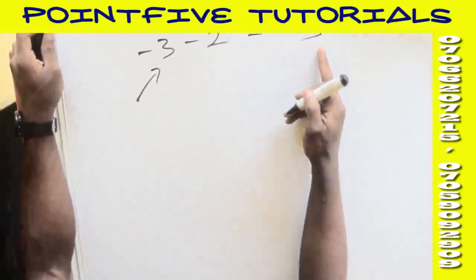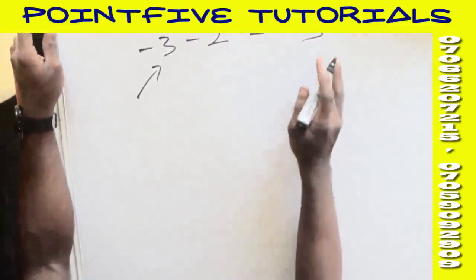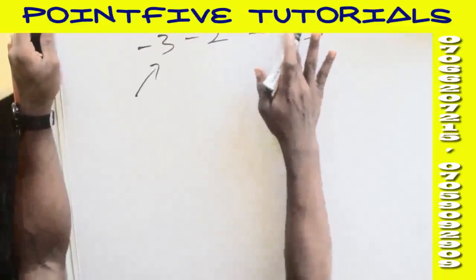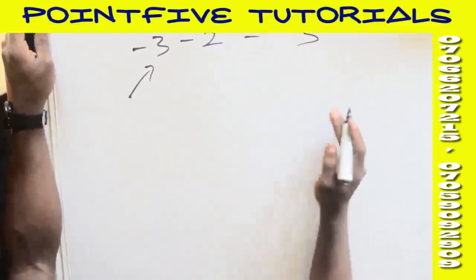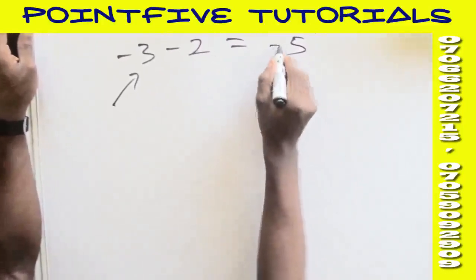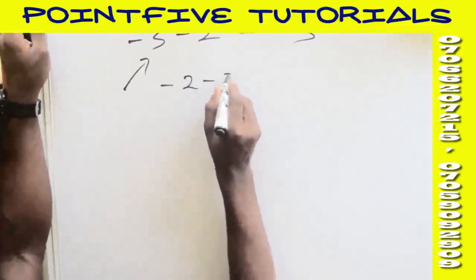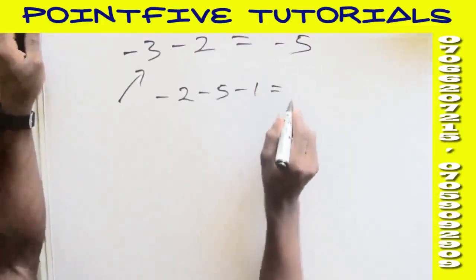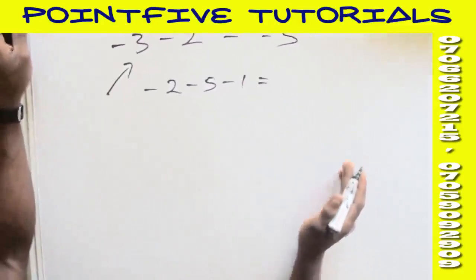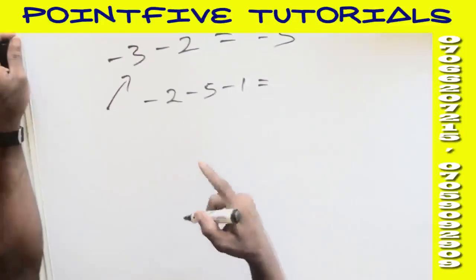What made us put 5 is that you are still owing. So when you are owing, we put minus. If I remove this minus, it is wrong. It means that you are not owing, but we know you are still owing because you have not paid. Even if I write minus 2, minus 5, minus 1, what is the answer? You look at it, all these numbers have what? Minus. Minus 2 means you are owing 2 naira.